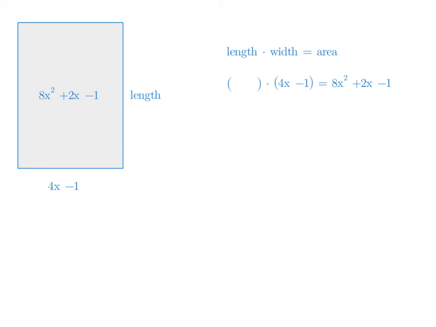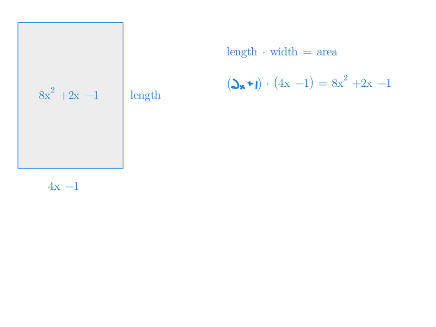And then you say, okay, what number multiplies with -1 to get -1? Because the only way that you can get the constant at the end is doing this constant times this constant. So -1 times what will give you -1? Well, +1. So 2x plus 1.